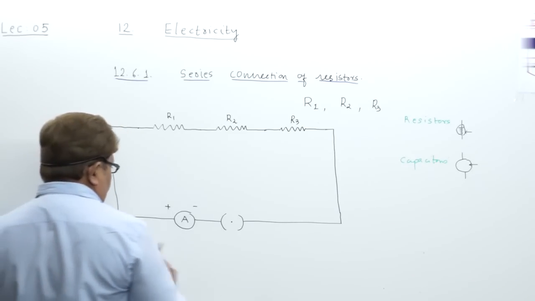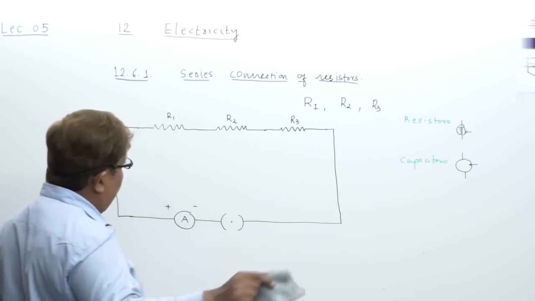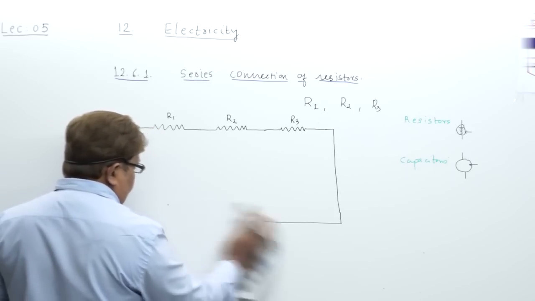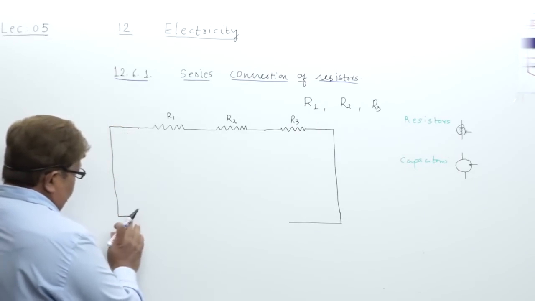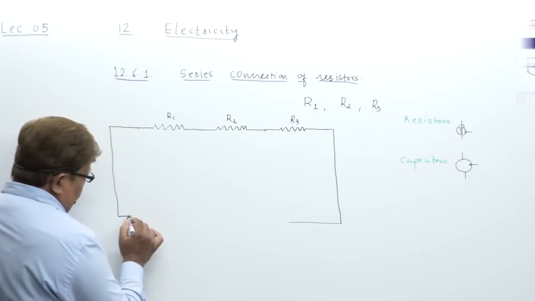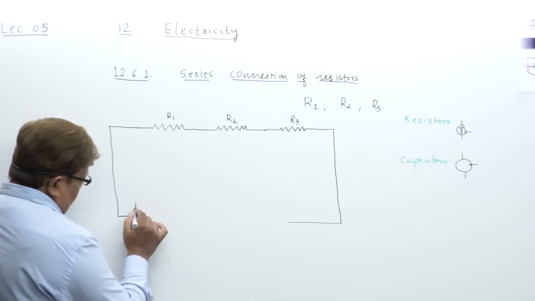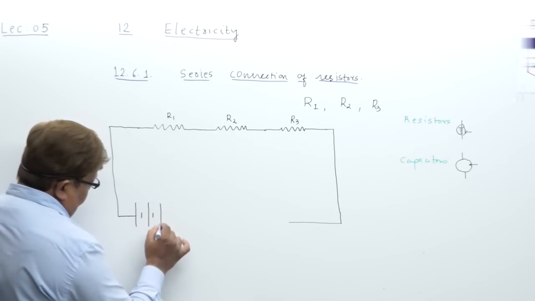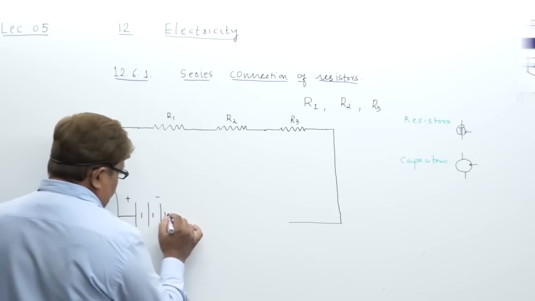The battery also we have to show. Let us show the battery first somewhere here, and then we will show the ammeter. This is the battery, a series of cells, as you know, positive, negative.